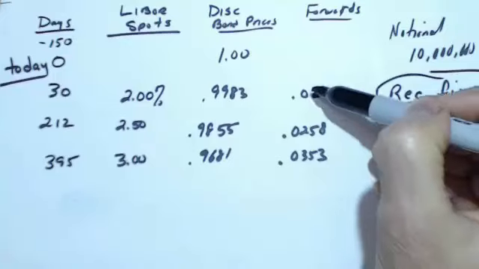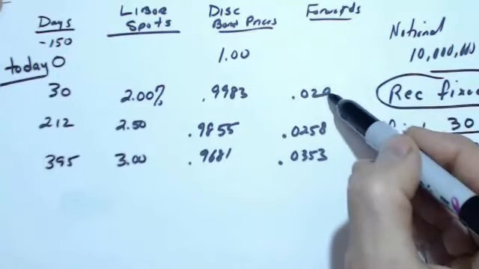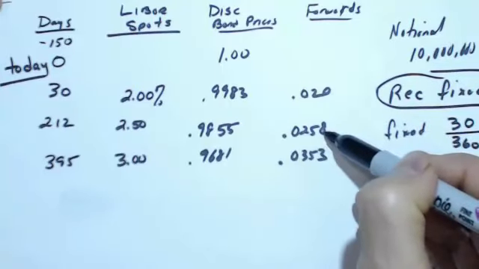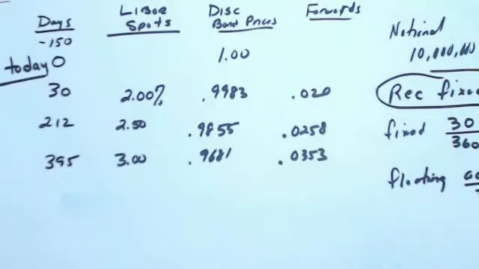The forward rates that we compute from these discount prices are 2% for the first forward rate, 2.58% for the next forward rate, and so on. So that's the information given from the yield curve.